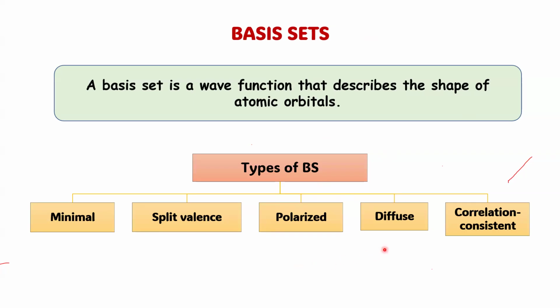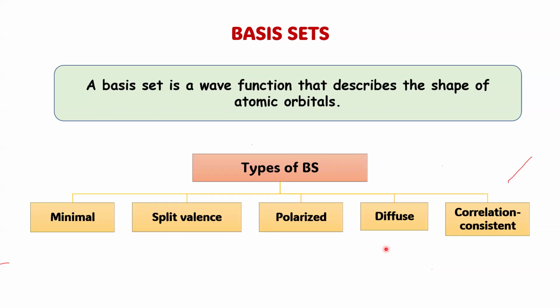The next one is the diffuse basis sets. These diffuse basis sets include some extra functions with small exponents to describe the electron distribution, overall how the electrons are distributed in your system. This is very important for anions, or if you want to study excited states, or molecules with lone pairs of electrons or electron-rich regions.